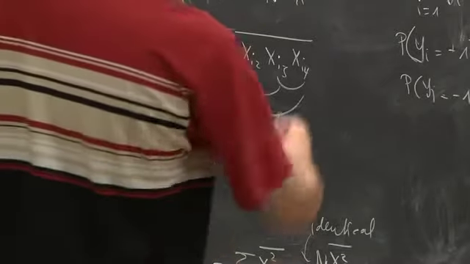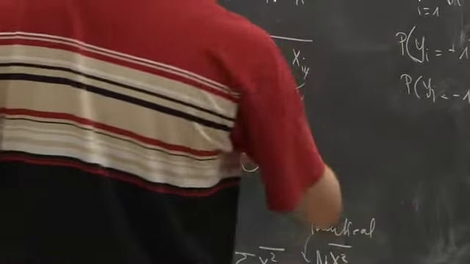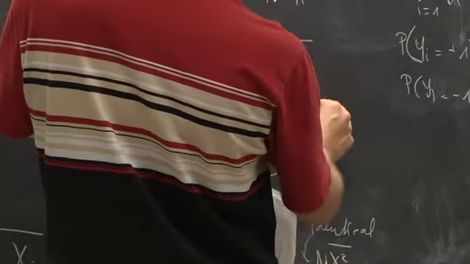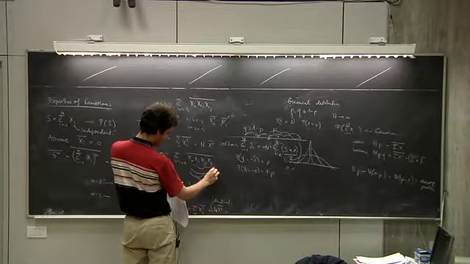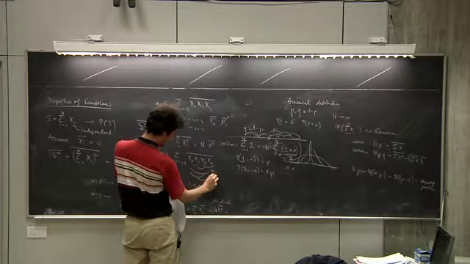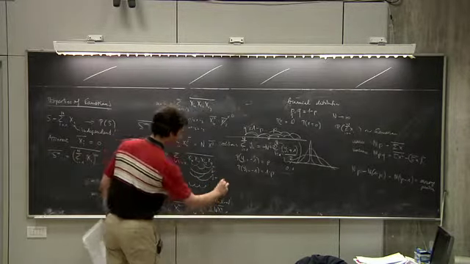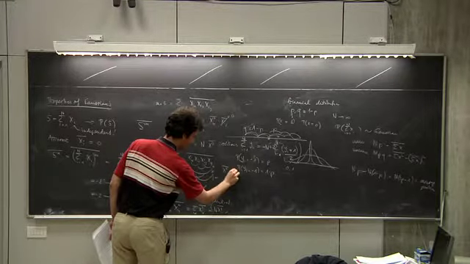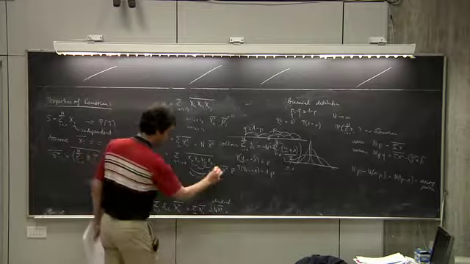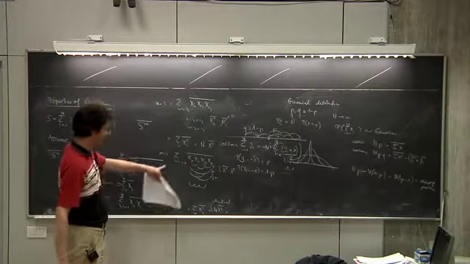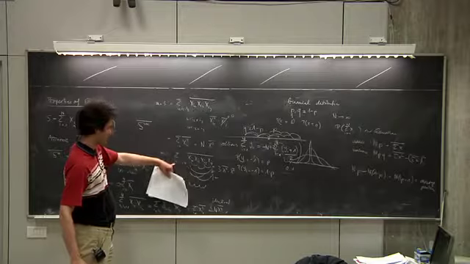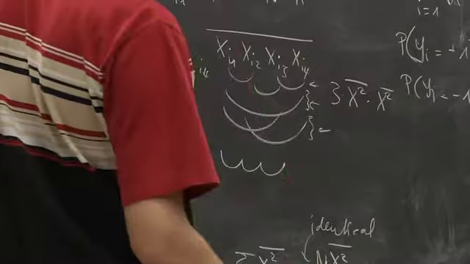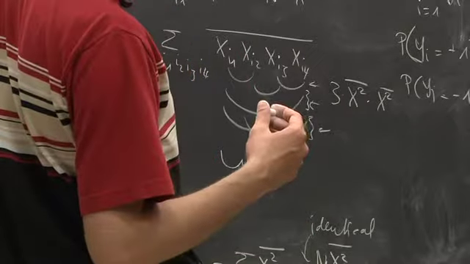That's instructive to understand what will happen. Each of these three pairings gives me x squared times x squared, so I have 3 times this, and then I have to sum over all the possibilities of having different indices here and here. How many such possibilities are there?